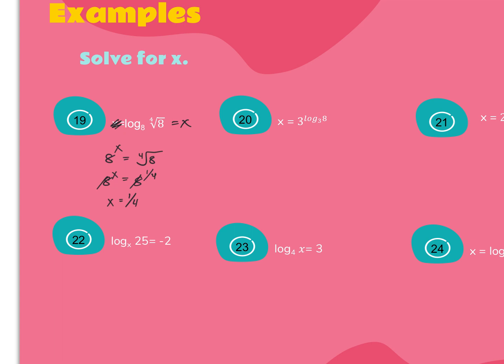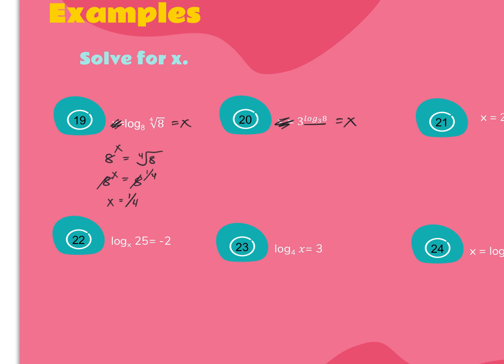Now here, this one's kind of weird, right? So we've got, this is a little bit different. And I didn't see this property yet above. It says that if I have the number 3 raised to the exponent log base 3 of 8, it equals x. So when I get to this problem, there's a couple ways to do this.